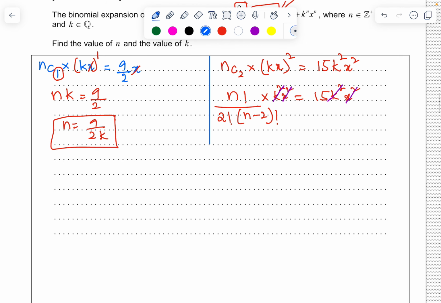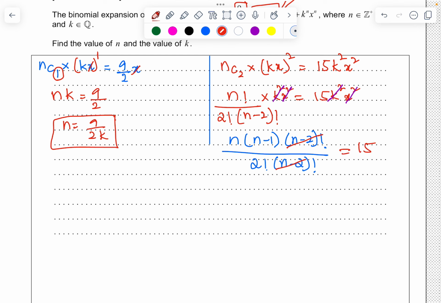So now let us expand this. N factorial I can write as n times n minus 1 times n minus 2 factorial, divided by 2 factorial times n minus 2 factorial. So this n minus 2 factorial and n minus 2 factorial, I can cancel.